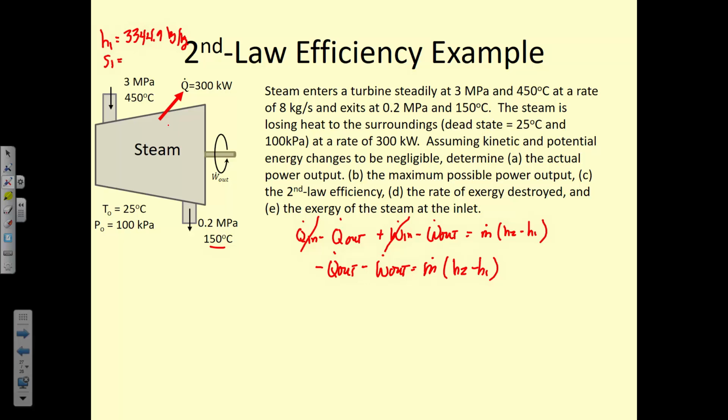And S1, because we'll need that later, is 7.0856 kilojoules per kilogram Kelvin. And then similarly, H2 is 2769.1 kilojoules per kilogram. And S2 is 7.2810 kilojoules per kilogram Kelvin.